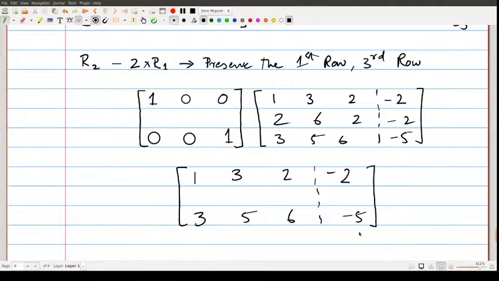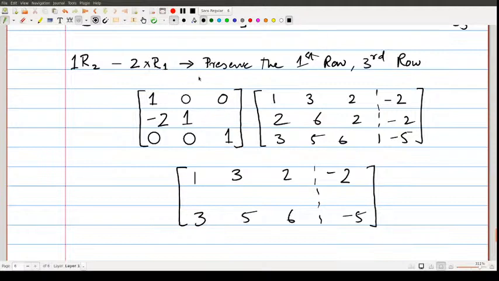Now, how do I do row 2 minus 2 times row 1? You take a linear combination of the rows. You want 1 times the second row, so you put 1 in the second column, and negative 2 times the first row, so you put minus 2 in the first column.